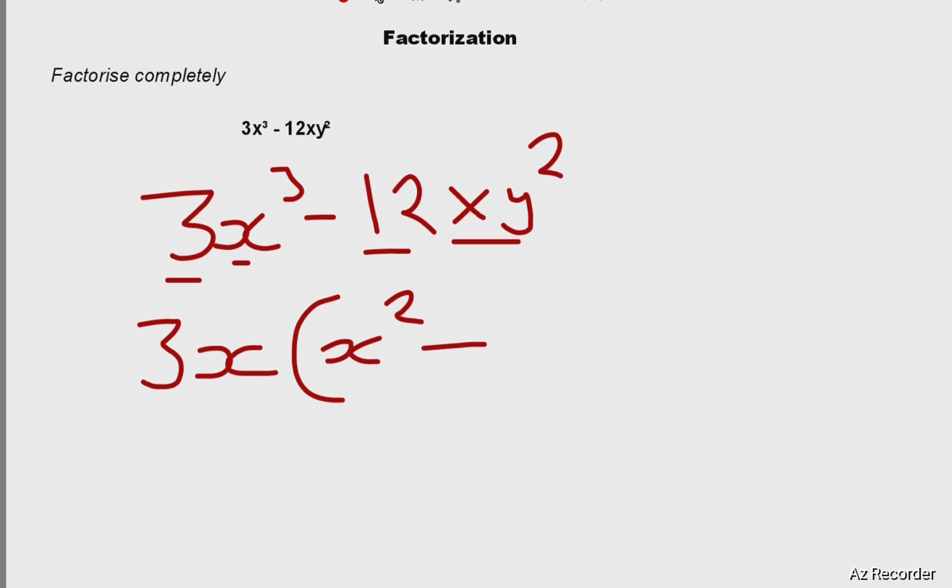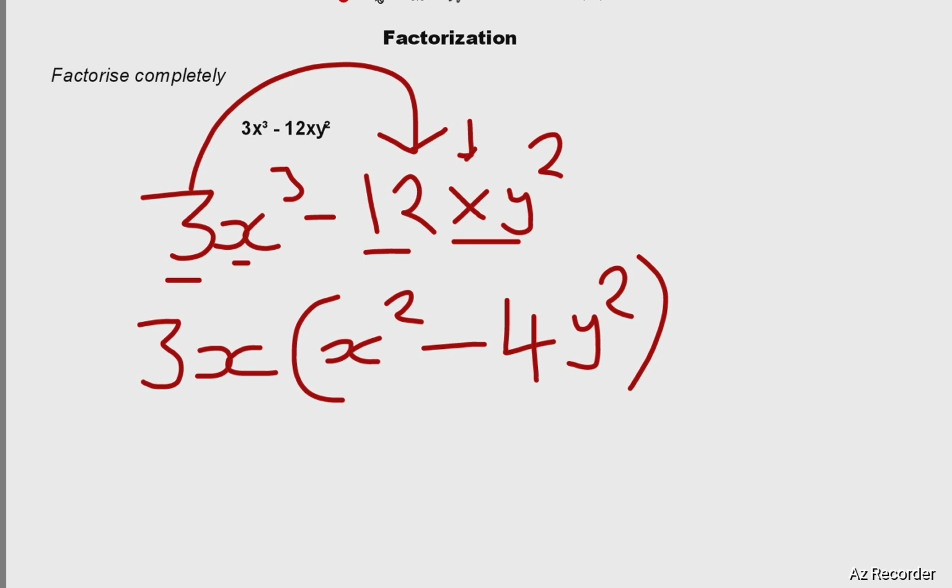Then here now, remember we said 3 is divisible into 12. So, how many times does 3 go into 12? That is 4. Okay, now the x here we've already factored out, it's outside, so we're not going to write it there. Then we write y squared.